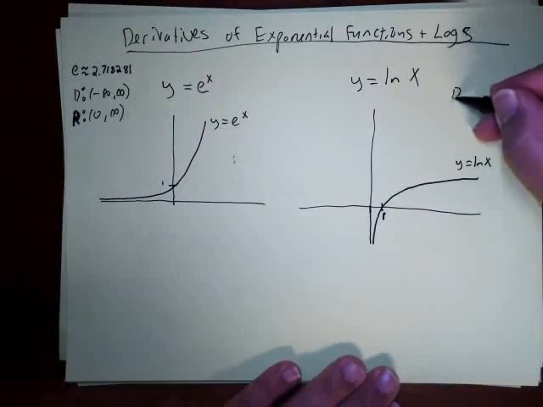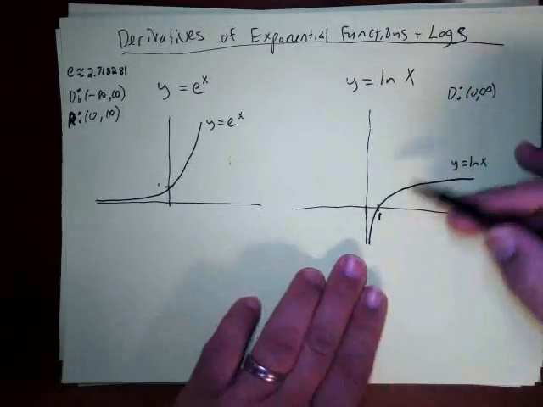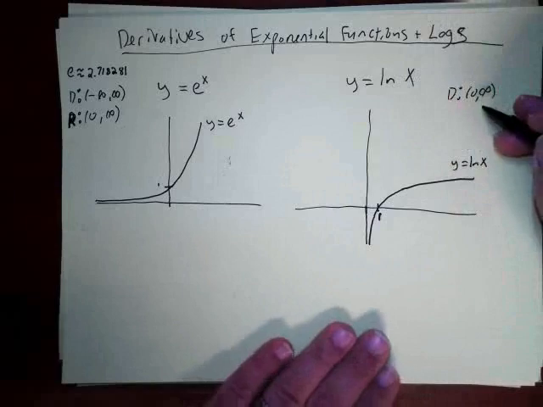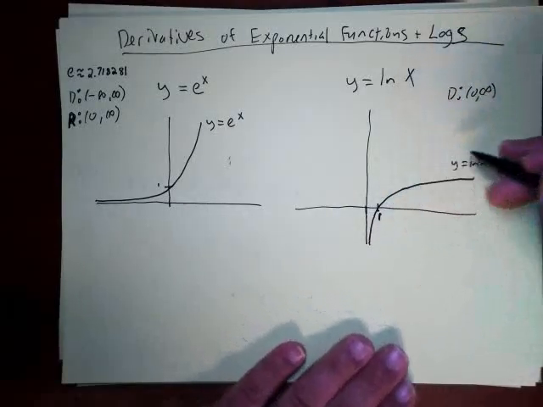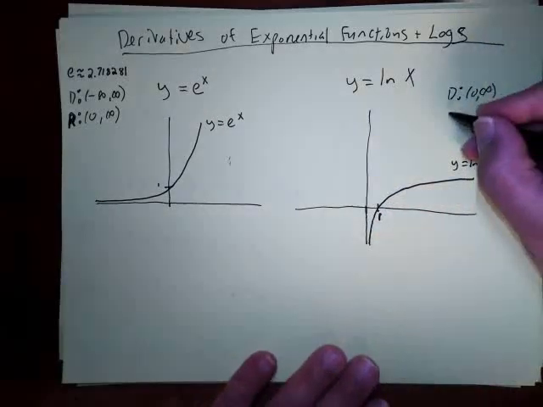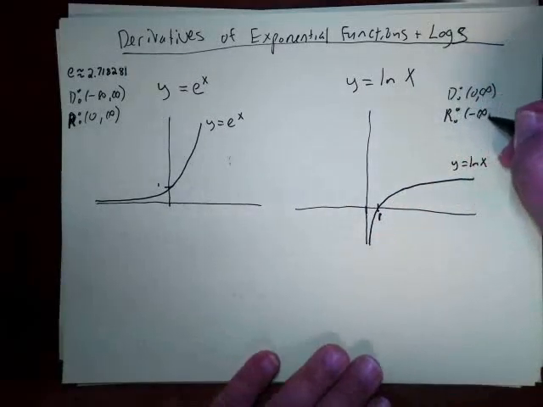So here the domain is 0 to infinity, so you can't put 0 in a log. You can't put a negative number in a log. But you can get 0 and negative numbers out of the log, because the range here is negative infinity to infinity.